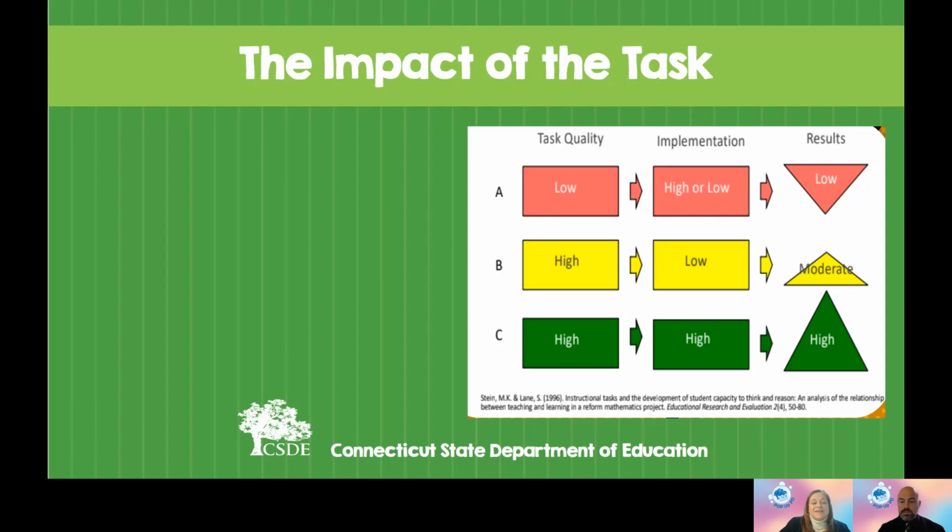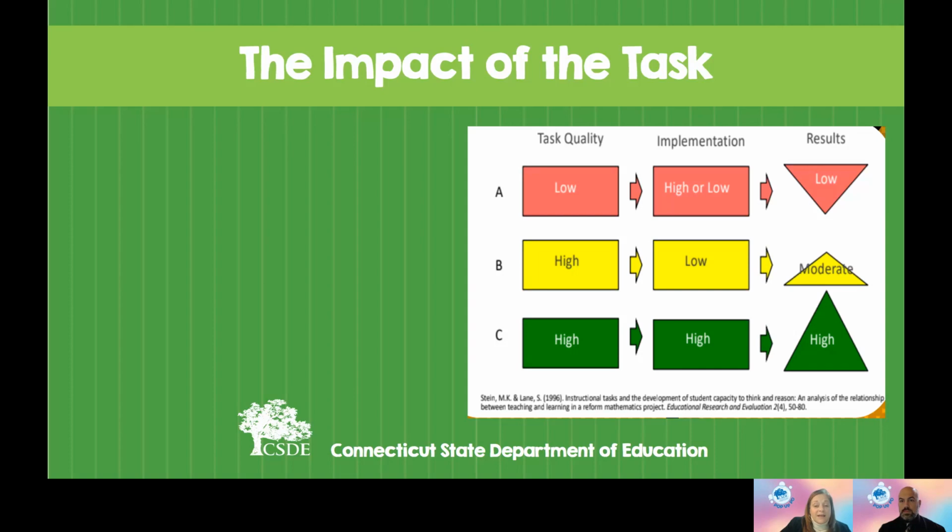Research shows us the impact of high quality tasks can significantly impact student results. If a task is of low quality, but the teacher implementation and instruction is great, students will still have low results. If the task is high quality and the implementation of the task is low, results will be moderately successful.